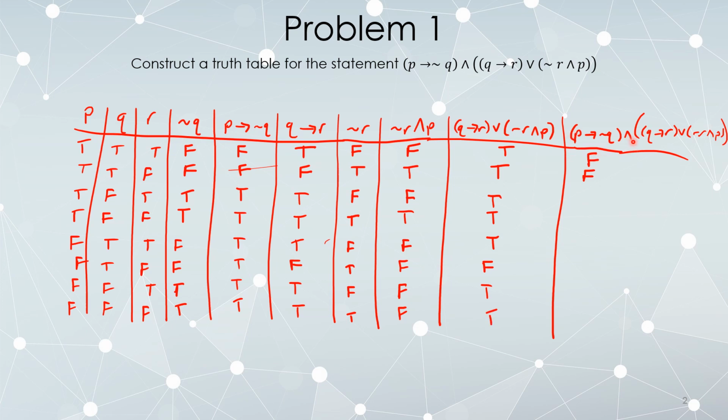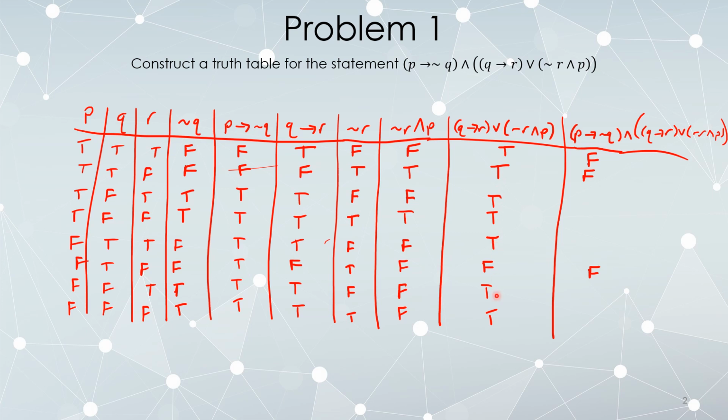Now we've got a conjunction. One side is this column, and the other one is this one over here. So we need both sides to be true, but notice that this one is only excluded here. So because this statement is false in this row, this conjunction is also false.